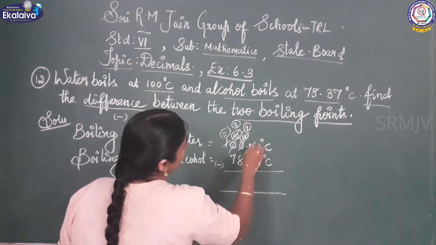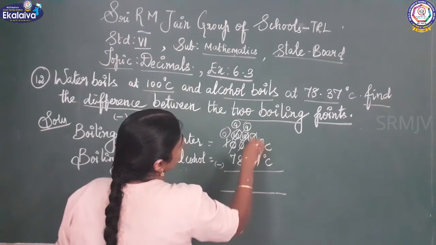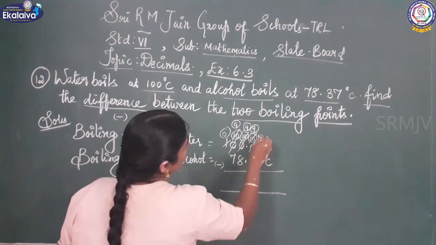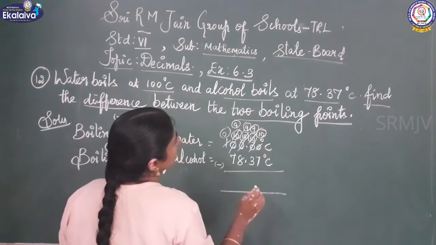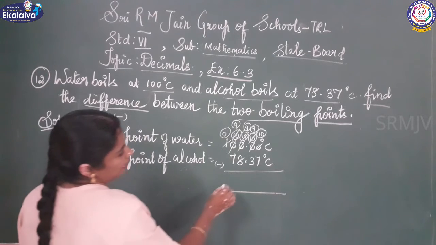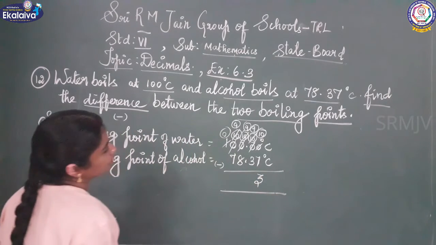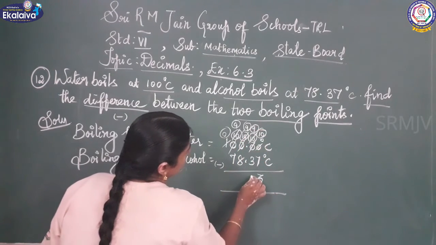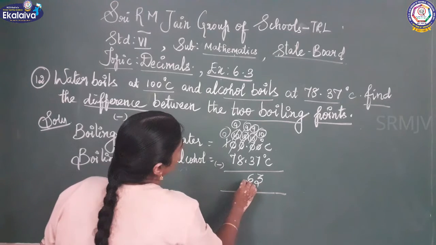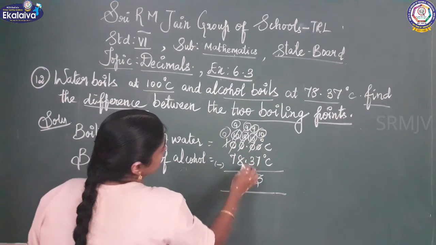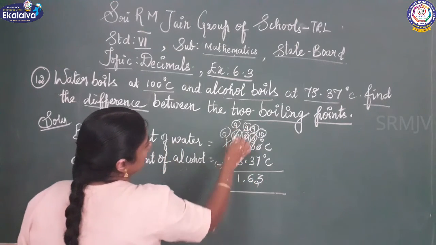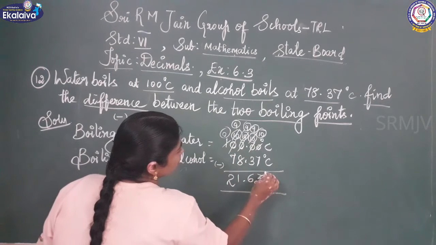So 9, 10. Got it, children? Now listen. 10 minus 7 is 3. 9 minus 3 is 6. Keep the dot as it is. 9 minus 8, 1. 9 minus 7, 2.